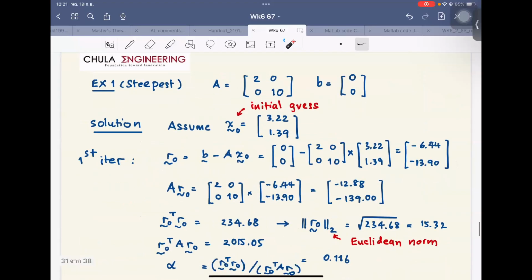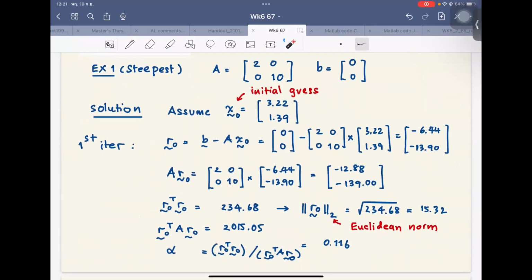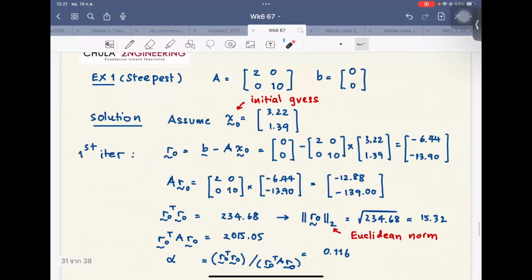Okay, a little bit of hand calculation to show you the steepest descent method with our matrix A and b. And we don't care about f anymore, right? We don't care about the function f. What we care about is A and b. And we know that the negative gradient is our residual vector. Okay, we assume the initial case.